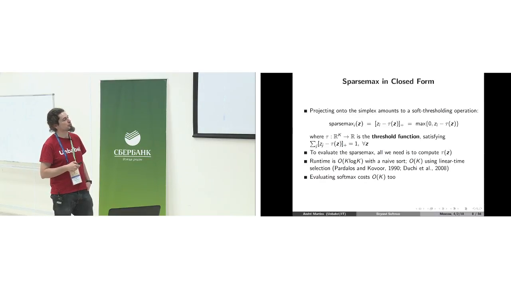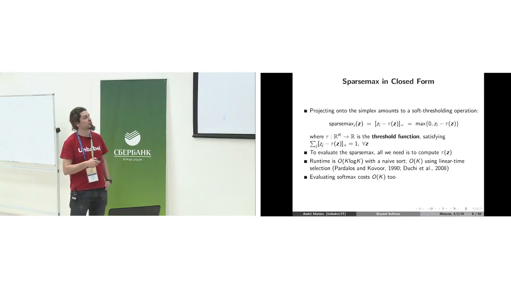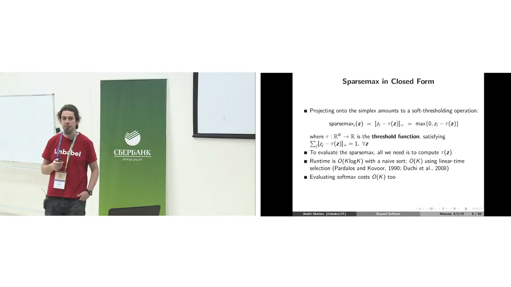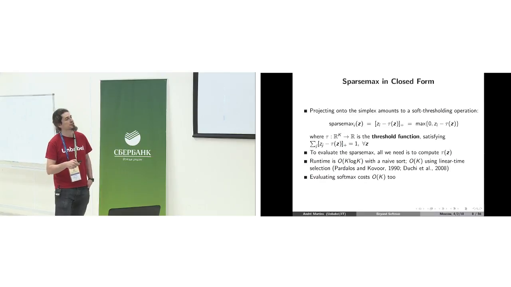The ith component of Sparsemax is going to be basically Zi minus a constant that we call tau here. If after subtracting the constant we get a negative number, then this is just truncated to 0. So the only challenging part for solving this problem is to actually compute the constant tau. If you know tau, it's just applying this simple formula.